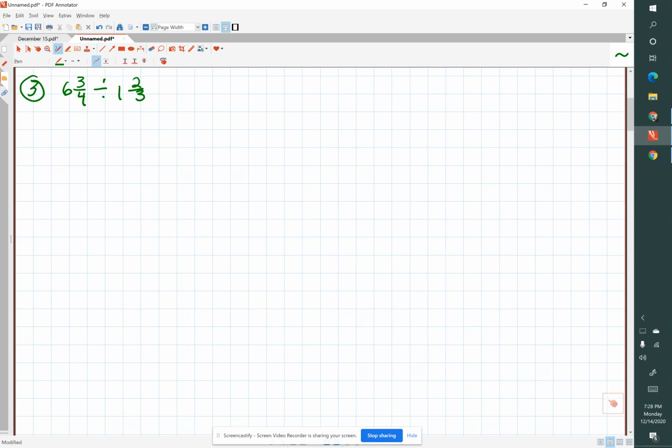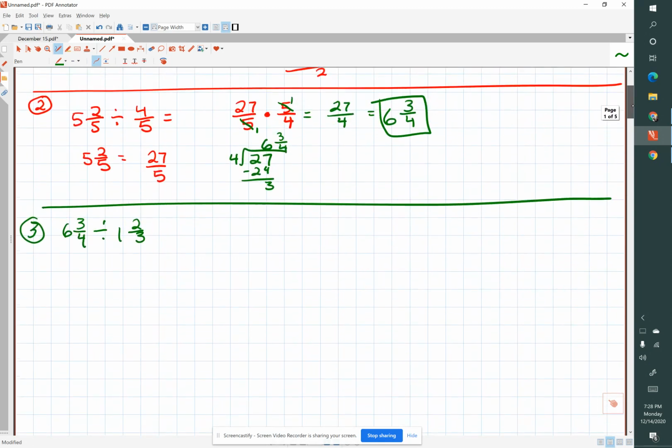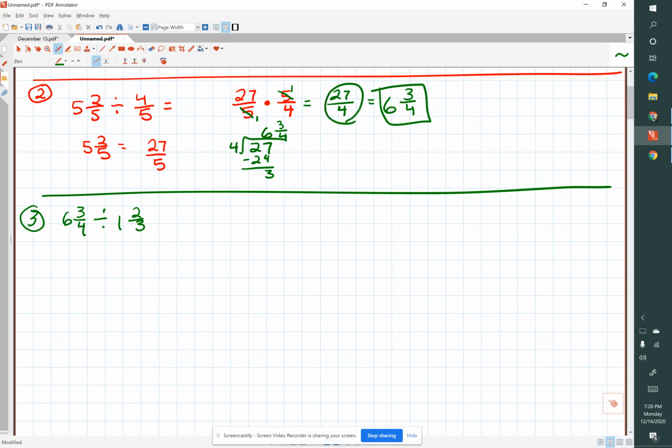So 6 3/4, we already know from our prior problem, is the same as 27/4. And 1 2/3 will be 1 times 3 plus 2, 1 times 3 is 3 plus 2 is 5/3.